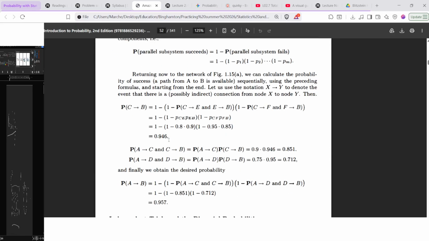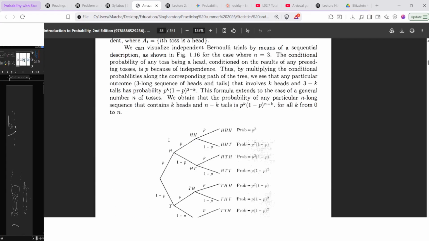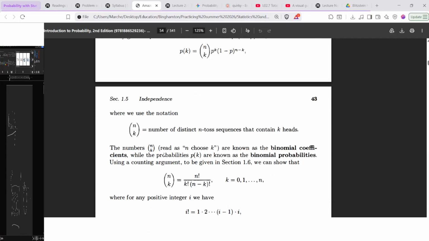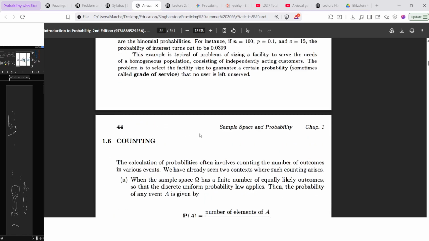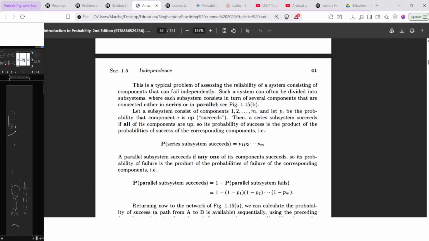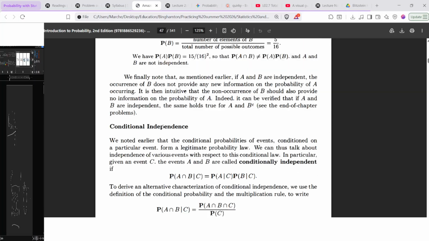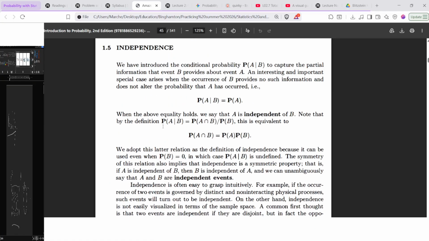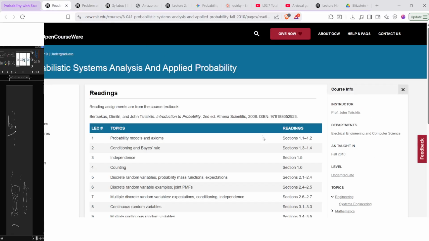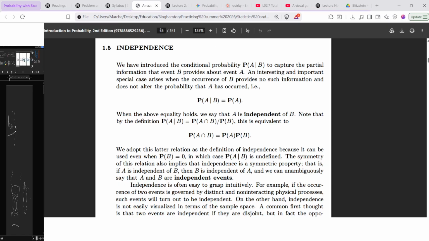Okay, here's where the good stuff begins. Counting. Oh, not too much. Not that bad. 10 pages or so. Yeah, 9 pages. Not bad at all. What about... Wow. Let me see this.